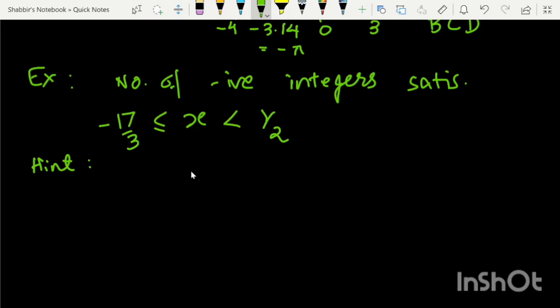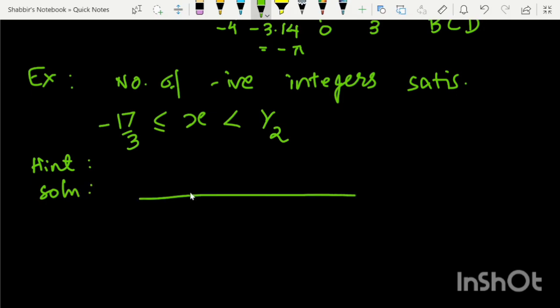Hint is the same, guys. We will find the approximate value of minus 17 by 3, and till 0, although it is till half, but lesser than 0 we will count the number of negative integers. That's the hint. Okay. So the solution I will write now.